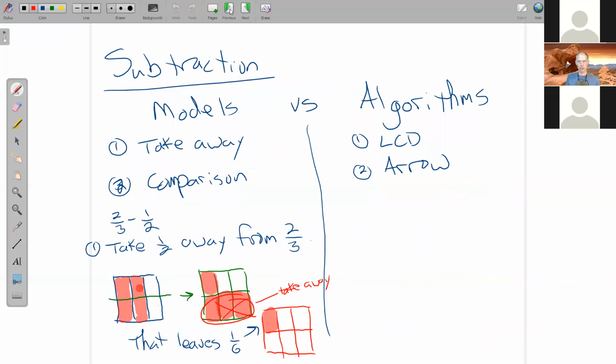Algorithms, again, same ones we had before. We have the LCD algorithm and we have the arrow algorithm. So the LCD algorithm is kind of the same thing as the arrow if the lowest common multiple is the product of the two denominators. So you're really not going to see much of a difference. So first the LCD, 2/3 minus 1/2.